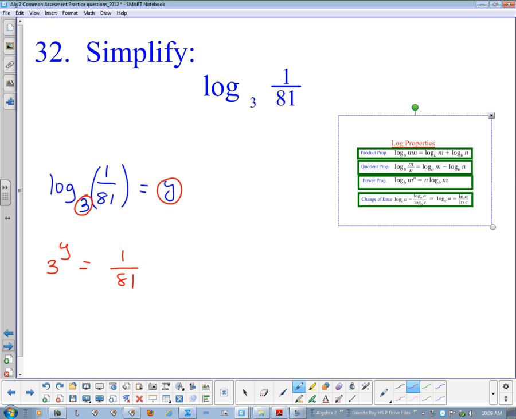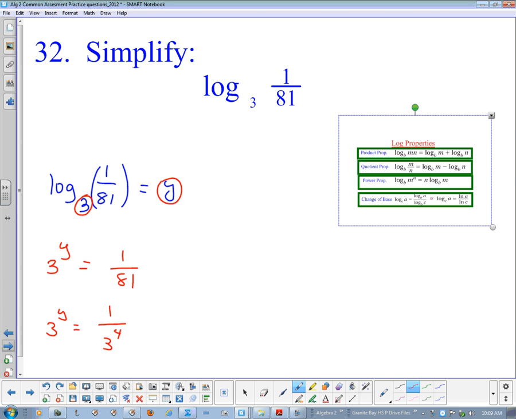There are a couple of ways to do this. It's not the only way. Is 81 a perfect power of 3? 3 to the what gives you 81? 3 to the 4th? All right, well, check this out. Let's go 3 to the y is equal to 1 all over 3 to the 4th.